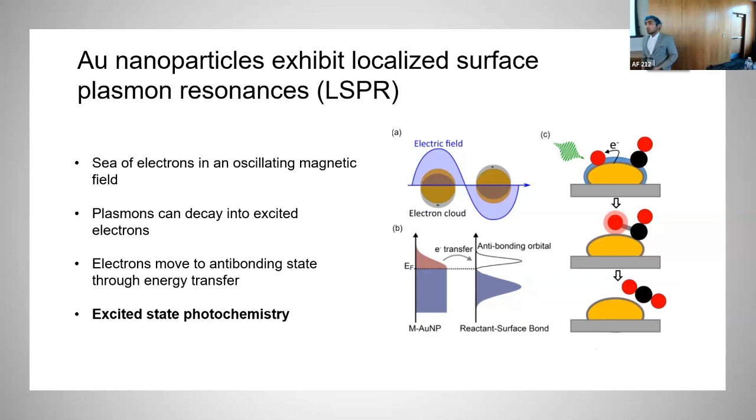So in order to describe what core shell nanoparticles are, I first need to describe why gold nanoparticles are important to our project, as well as how they exhibit a phenomenon called localized surface plasmon resonance.